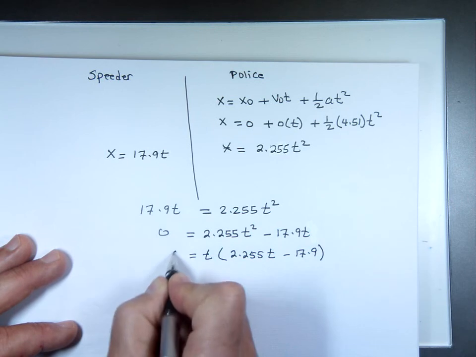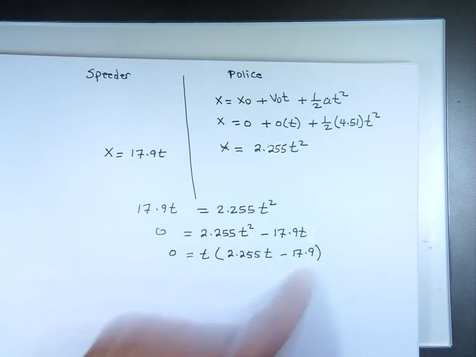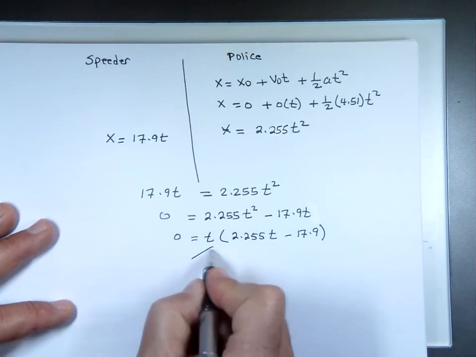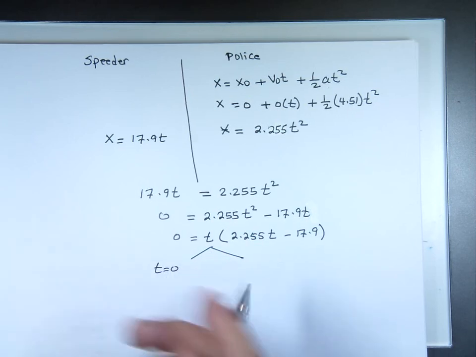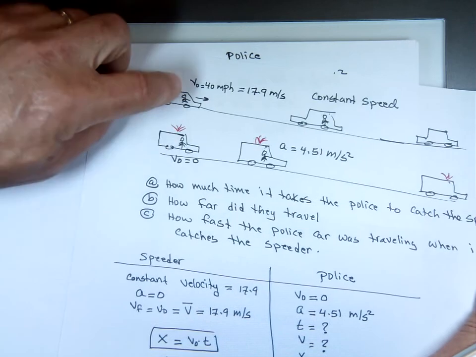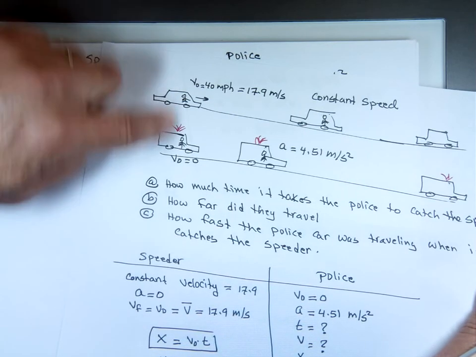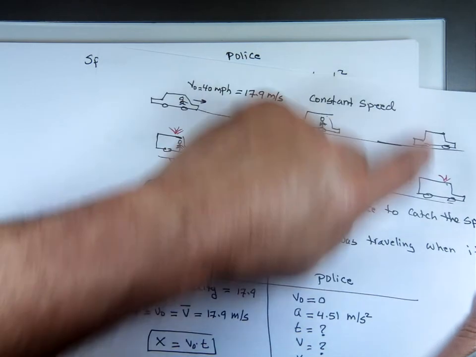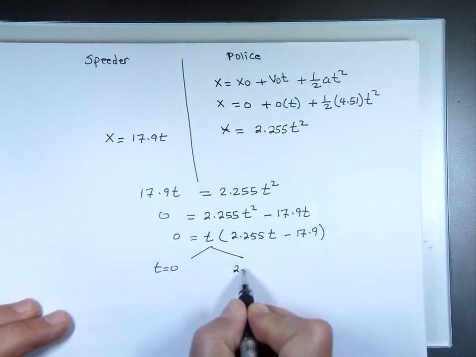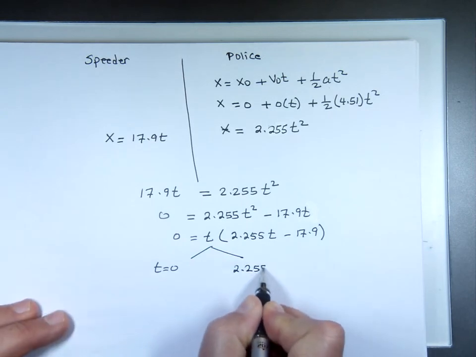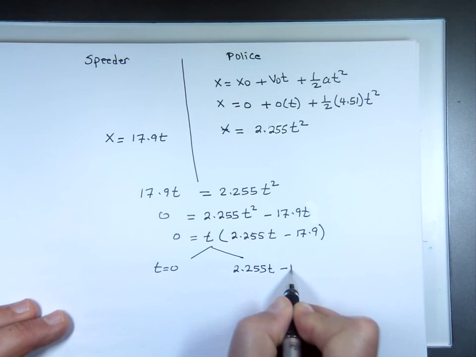You're multiplying two things, your answer is 0. That means one possible way is if t equals 0. And you're right, at t equals 0, the distance is the same. That's right here. The other value is down here. So the other value, when 2.255 t minus 17.9 is equal to 0.